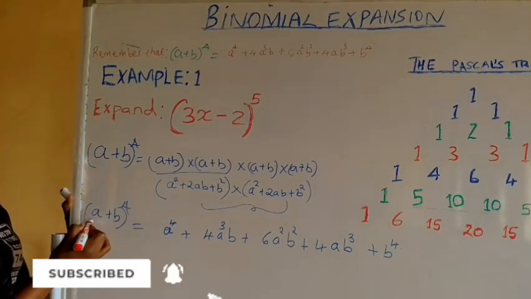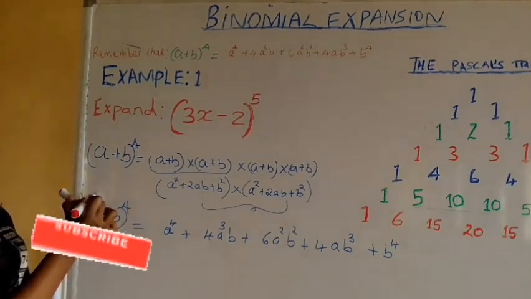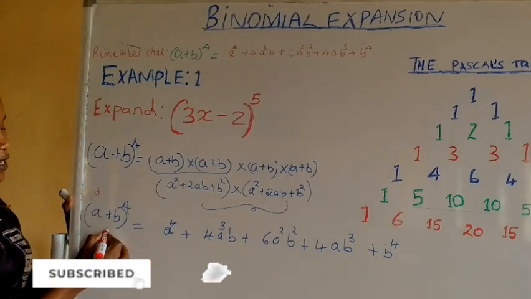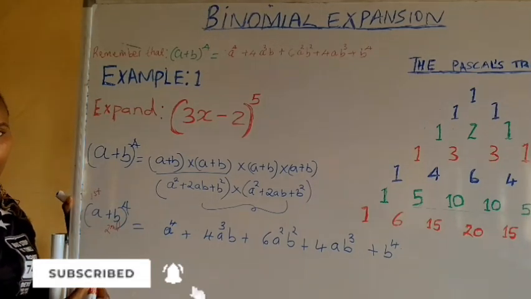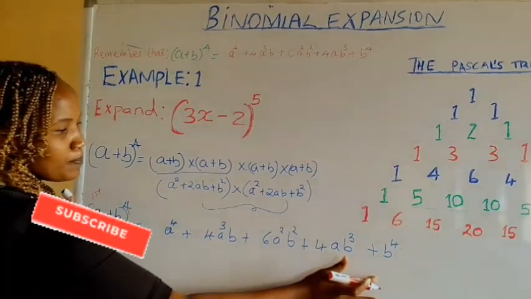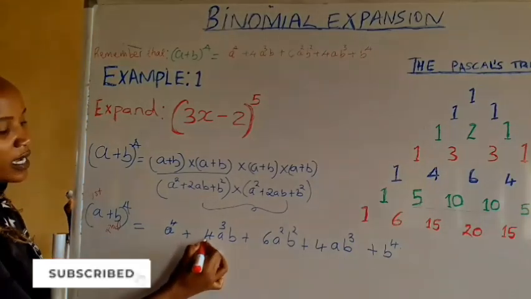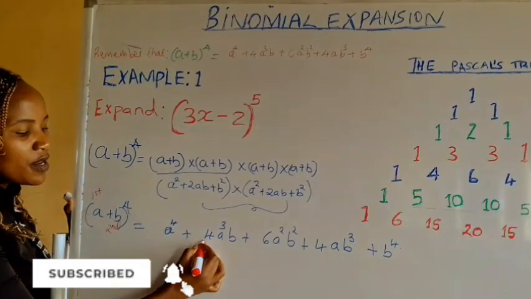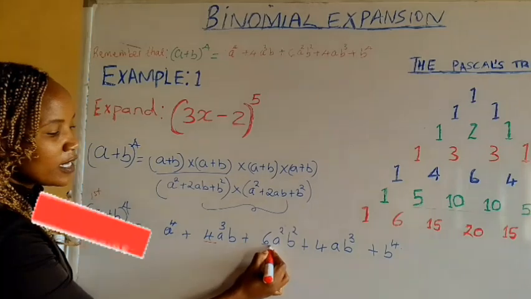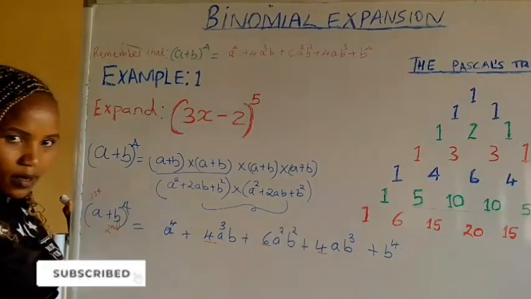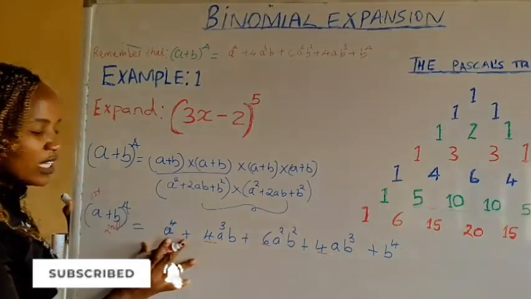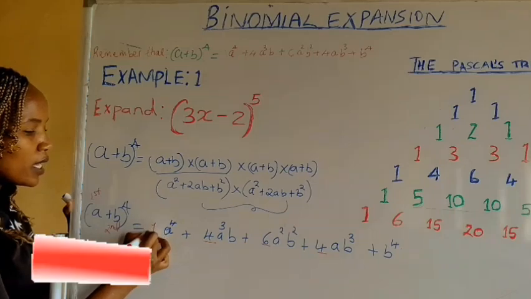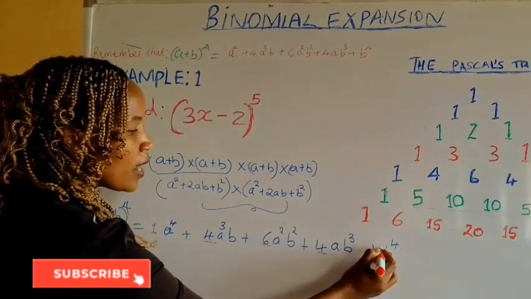Now, A is our first term and B is our second term. If we look at this expansion, we will realize that there is a numerical value 4, 6, and 4 again. And even if it is not indicated, there is a 1 here and there is a 1 there.